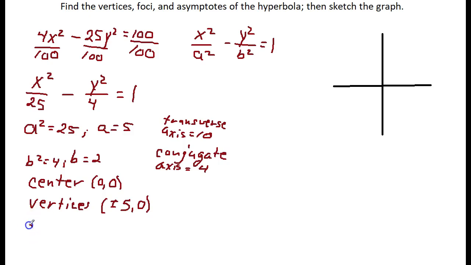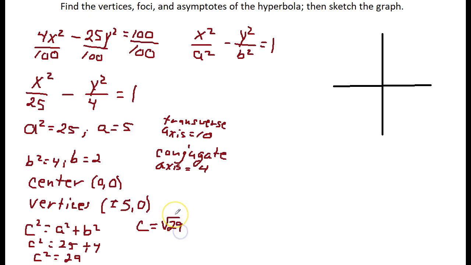That means I have to find the length of c. So c squared equals a squared plus b squared. Well, c squared equals a squared is 25, b squared is 4. So c squared equals 29. That means that c equals the square root of 29.